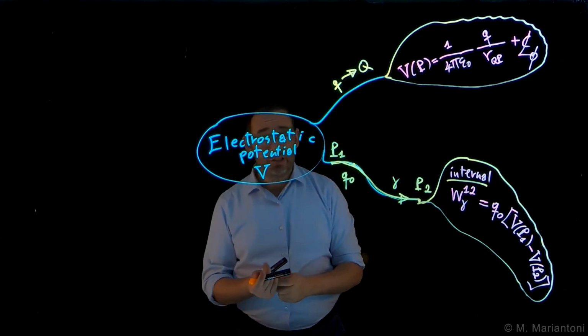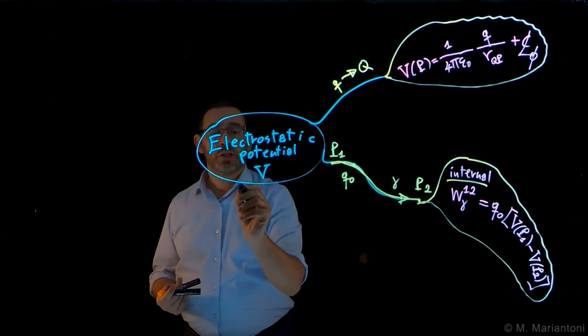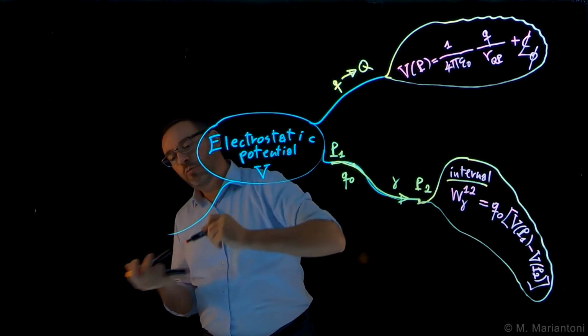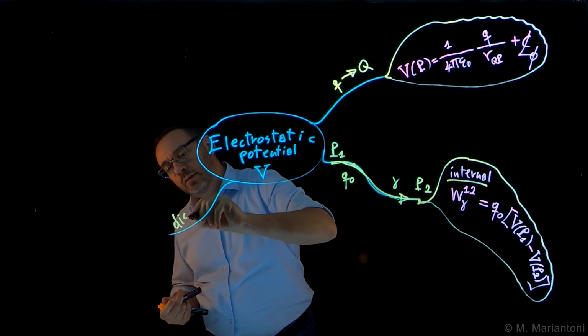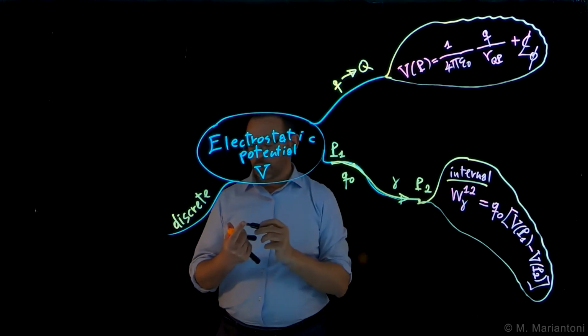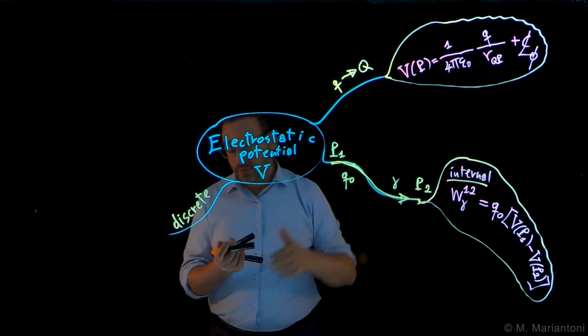We then generalized this concept to charge distributions, and the first distribution we encounter, as always, is the discrete distribution. In this case, we just use the superposition principle, which applies also for the electrostatic potential.